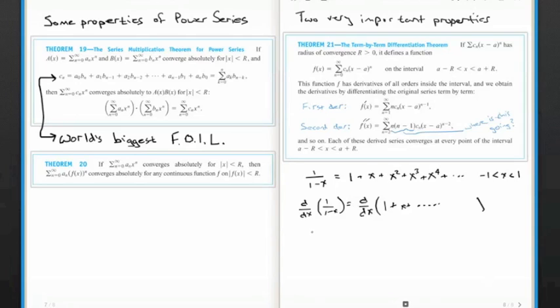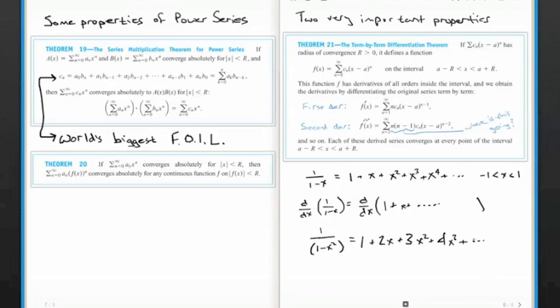It's 1 minus x to the -1, so it goes to -2, so it's negative, but it gets multiplied by this, so this really becomes 1 over 1 minus x squared. Check my differentiation there. And this becomes a 0, this becomes a 1, plus 2x plus 3x squared plus 4x cubed plus dot dot dot.